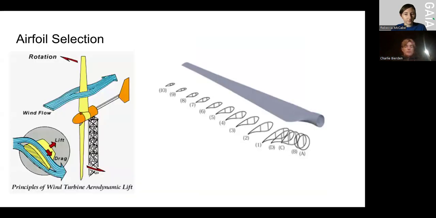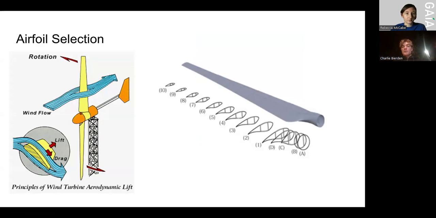So when you're choosing which airfoil to use, like I said, you're trying to maximize the lift and minimize the drag. The shape of these airfoils allows wind flowing over the top of the airfoil to move faster than below it, which creates a negative pressure gradient.